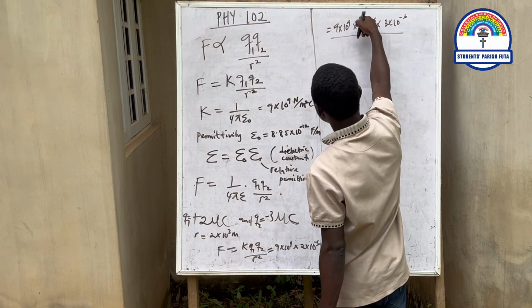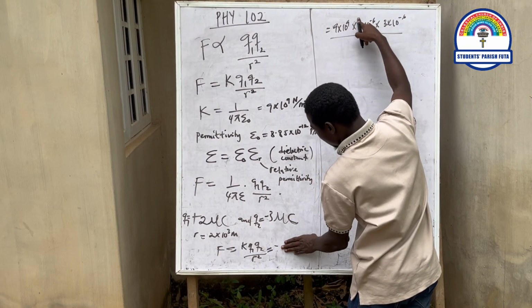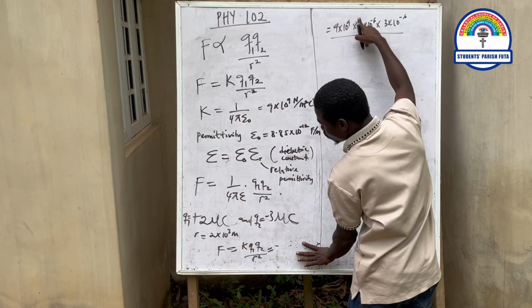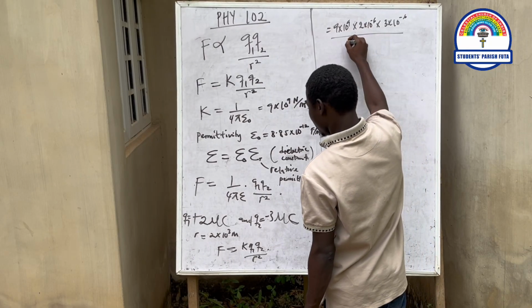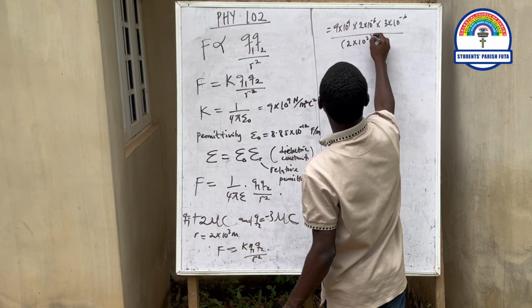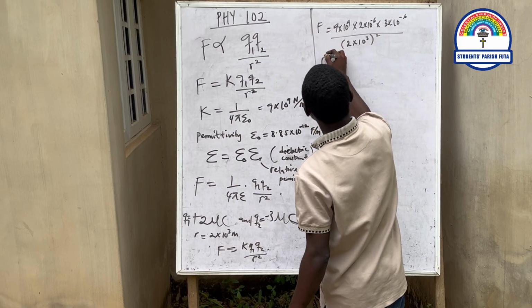You will leave the charges, the negative and the positive, out of it first. That is just to tell you what type of force it would be. It's going to be over (2 times 10 power 3) square. So this is your force.